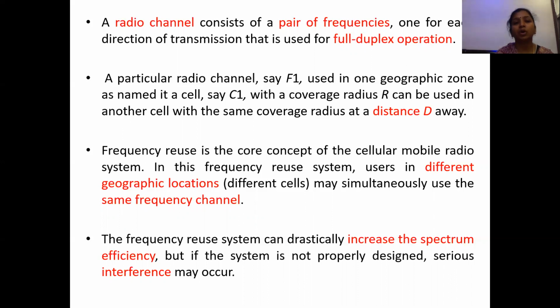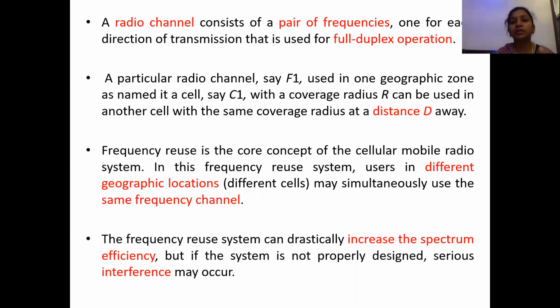One of the concepts is frequency reuse. Because of frequency reuse, we are able to reuse the same frequencies a number of times by maintaining a certain distance D and some rules to avoid interference. So we are able to provide service to more subscribers with the same limited, finite number of channels.